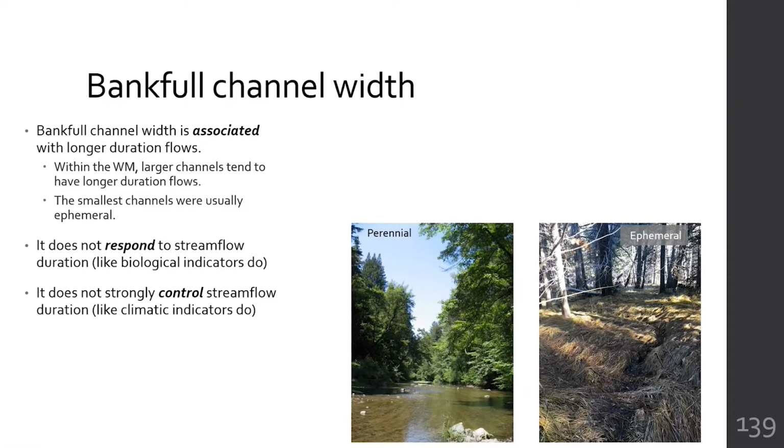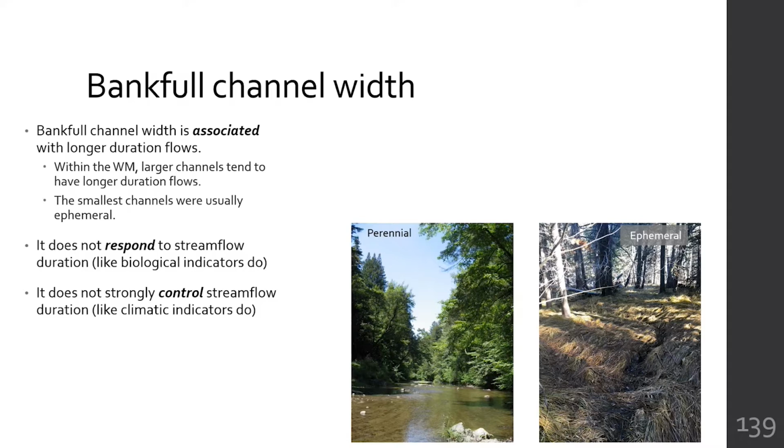Now, bankfull channel width is an example of what we call an associated indicator. It is associated with longer stream flow duration. Within the Western Mountains, larger, wider channels tended to have longer duration flows. The smallest channels were usually ephemeral, like you can see in that photo. It is not a response.